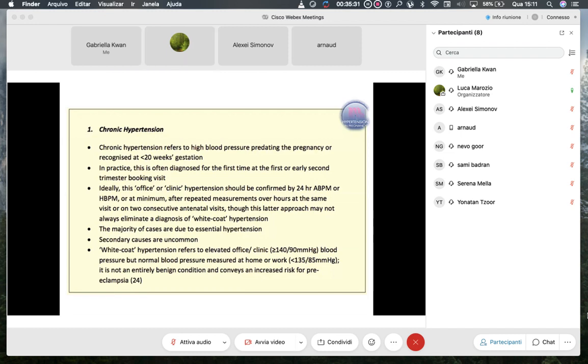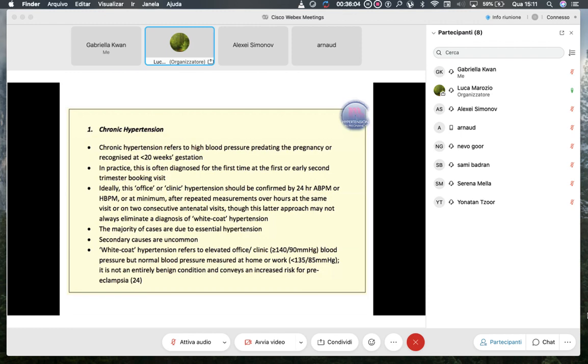Remember that often the first visit in pregnancy may be the first visit at all for a woman. So it may be the first time she has her blood pressure checked. So it is often diagnosed at the very beginning of pregnancy or before pregnancy during preconception counseling.